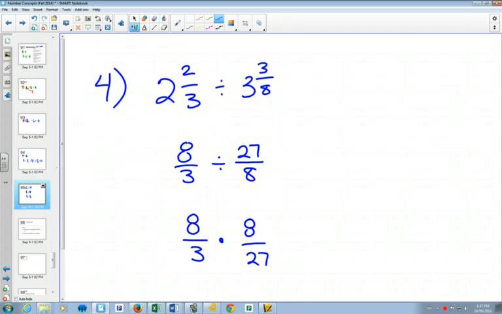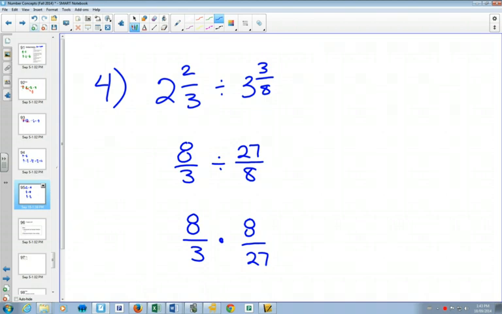Can you simplify 8 over 3? No. Can you simplify 8 over 27? No. Okay, I'll check diagonal. This diagonal I have 8 over 3? No. The other diagonal I have 8 over 27 again? No. It was worth checking, but in the end, we can't simplify any of them.